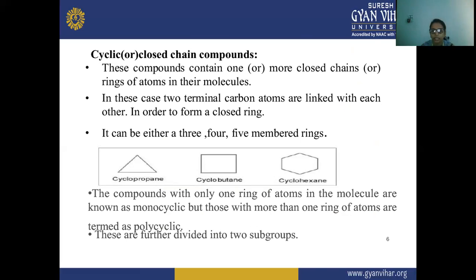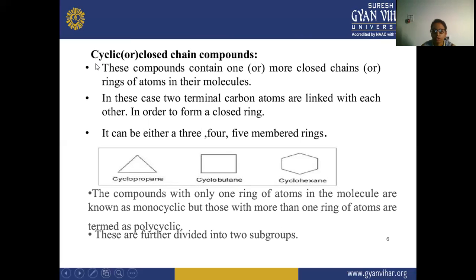These compounds contain one or more closed chains or rings of atoms in their molecule, and in these cases, two terminal carbon atoms are linked with each other in order to form a closed ring.